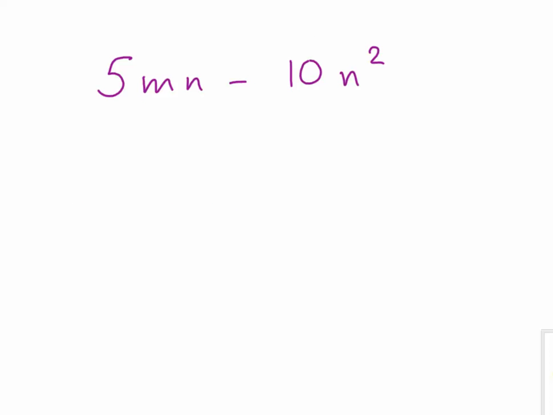For this next harder example, I can see a 5 and a 10, and 5 is the biggest number that goes into both, so I take the 5 out. I can also see an n, so I can take an n out as well. These are my 2 factors.